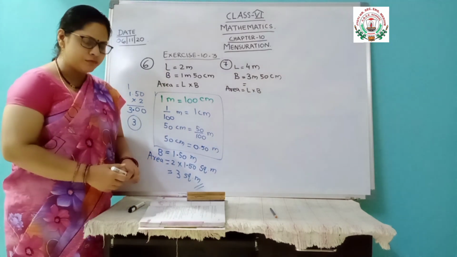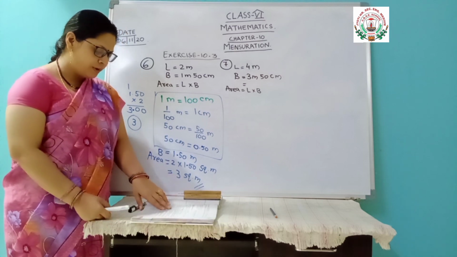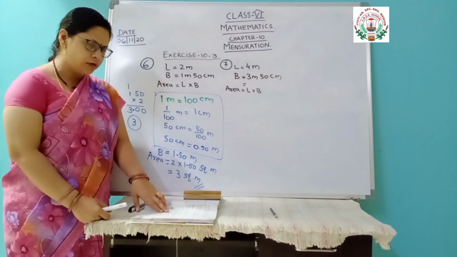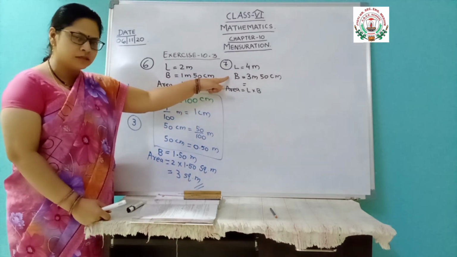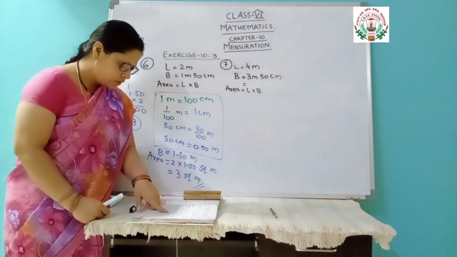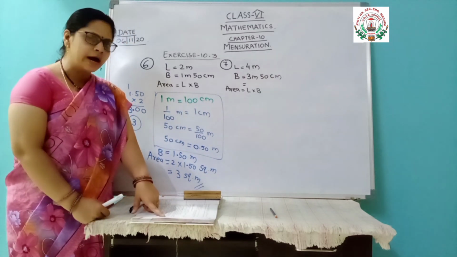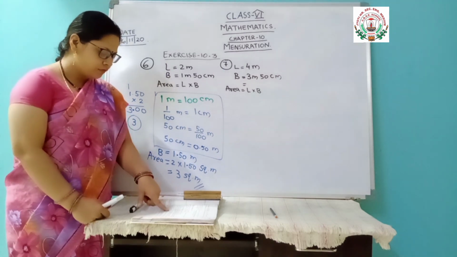The statements will change a little bit. That is, a room is 4 meter long and 3 meter 50 centimeter wide. Long means length is given and wide means breadth is given. That is the length and breadth of the room. How many square meters of carpet? Carpet, everyone knows, is needed to cover the floor of the room.